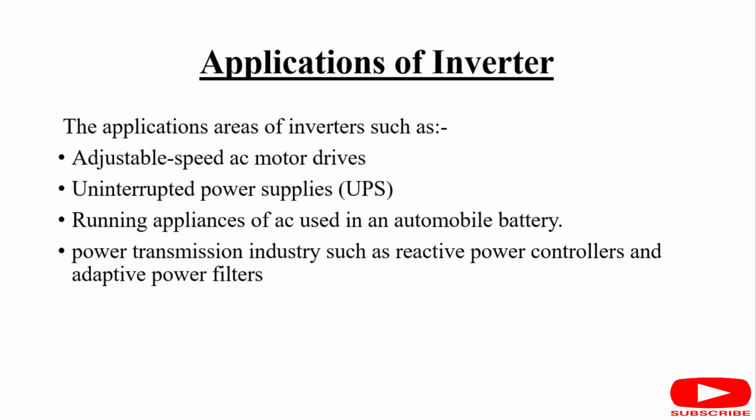Third, running AC appliances from an automobile battery, and in power transmission industries. It is very useful because if you want to improve the power factor of a transmission line, first we try to compensate the reactive power, due to which we can improve the power factor and efficiency of the transmission lines also.